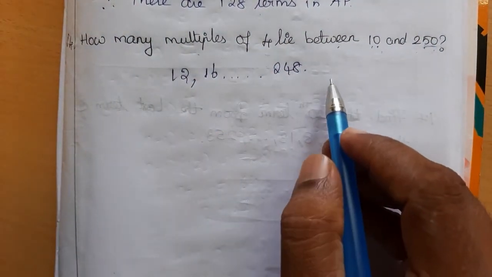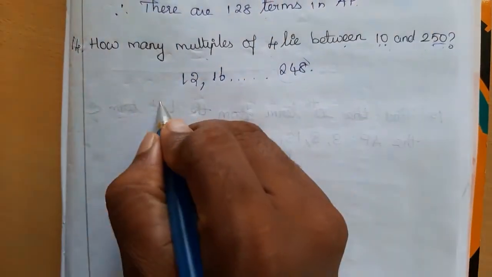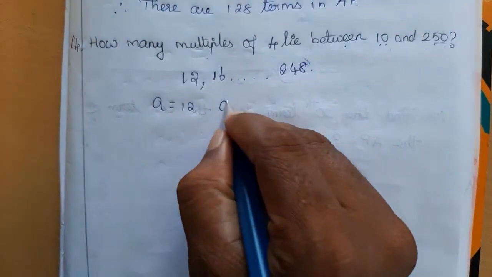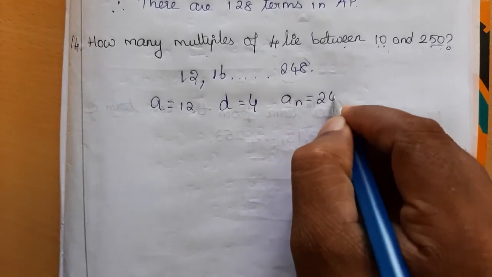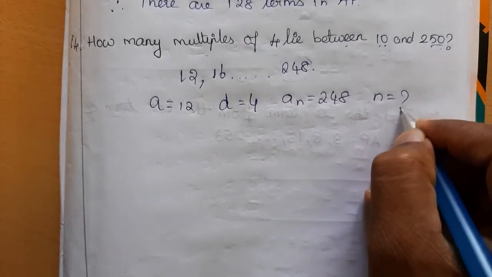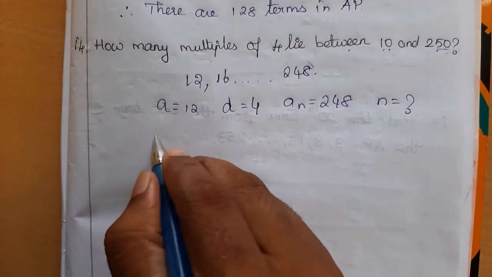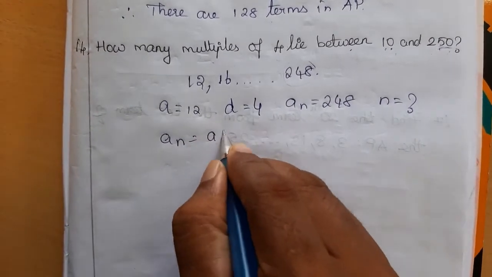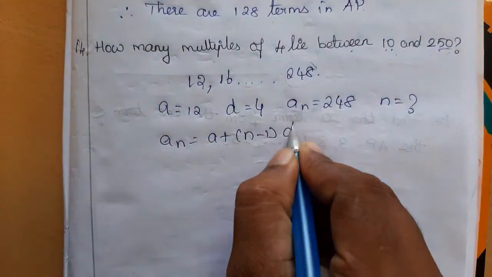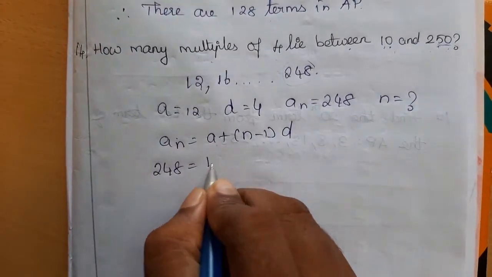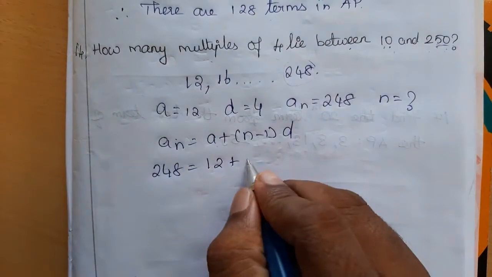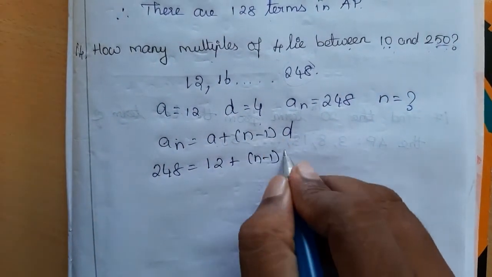Now we have to say how many multiples, so we want to find n. Given a is equal to 12, d is equal to 4 and an is equal to 248, we have to find n. The general form is an is equal to a plus n minus 1 into d. So 248 is equal to 12 plus n minus 1 into 4.